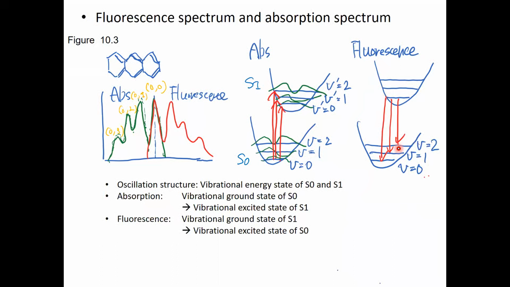And I would like to remind you that the V equals 0 to V dash equals 0 case is the same for absorption and fluorescence. That's why you have the common peak in the absorption and the fluorescence, and the other oscillation peaks correspond to the vibrational states of the ground state in the case of fluorescence.